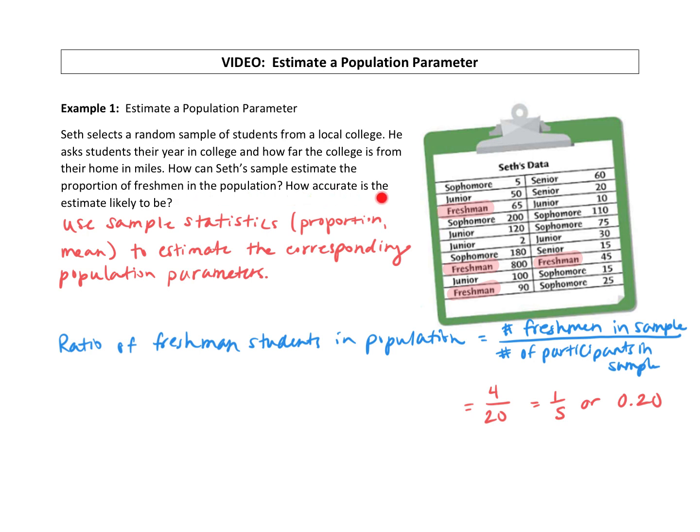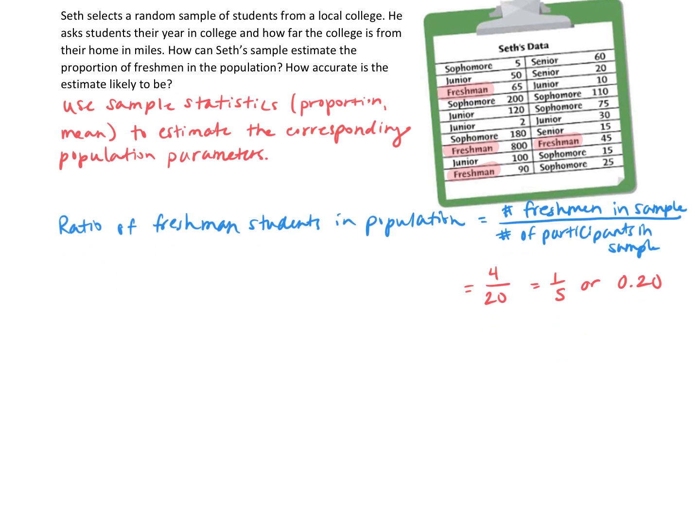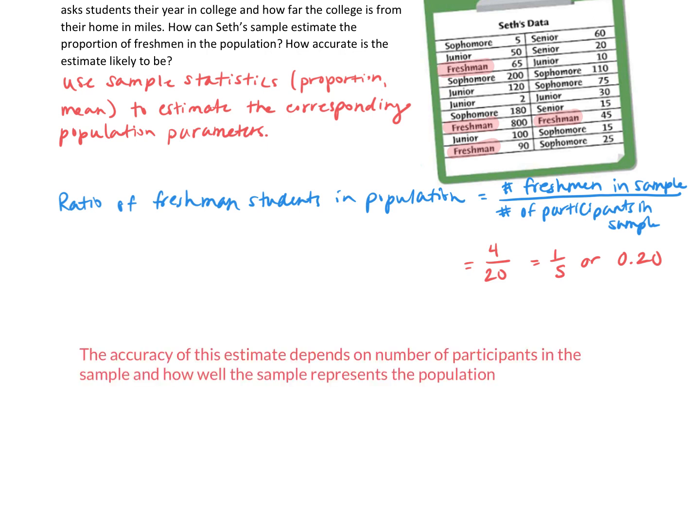But here's the question, how accurate is this estimate likely to be? So we have just a couple notes to write down about how accurate this might be. All right, so the accuracy of this estimate depends on the number of participants in the sample and also how well the sample represents the population. So we might ask Seth, what kind of sampling did you do?